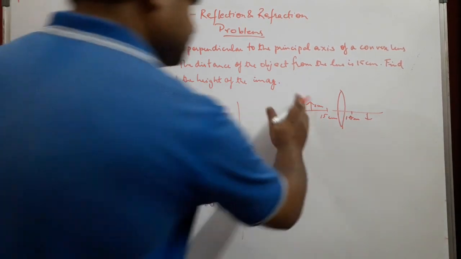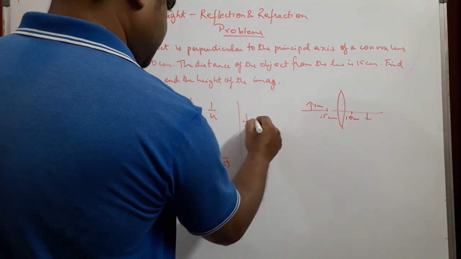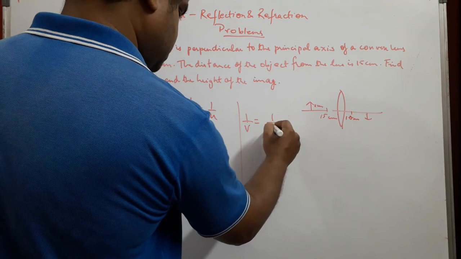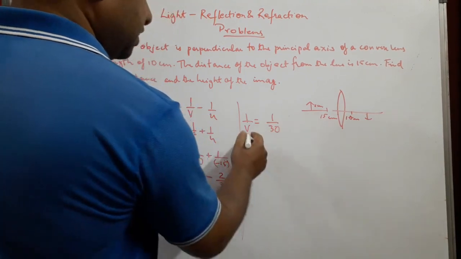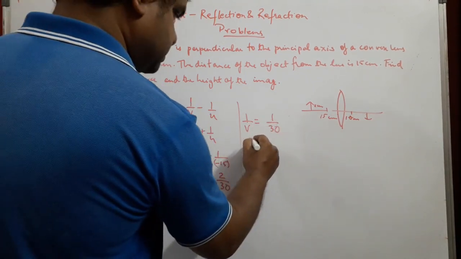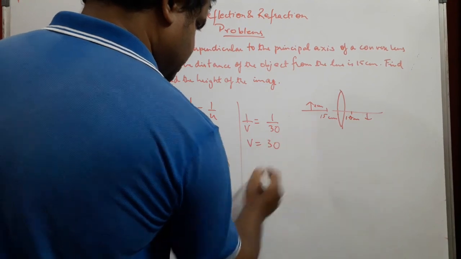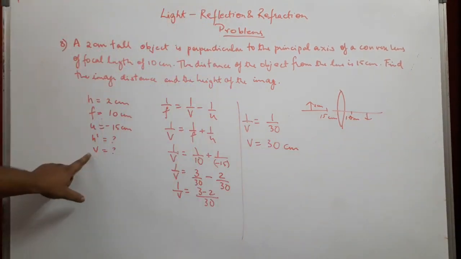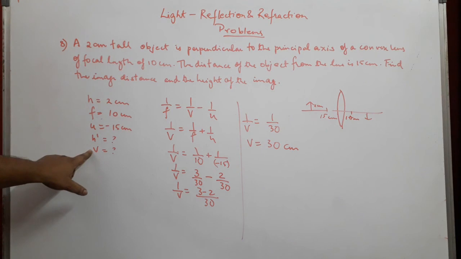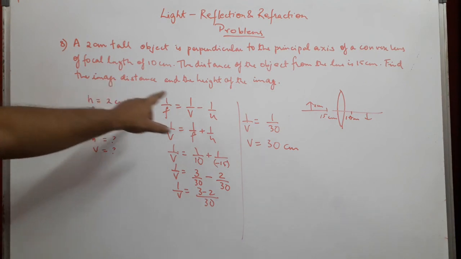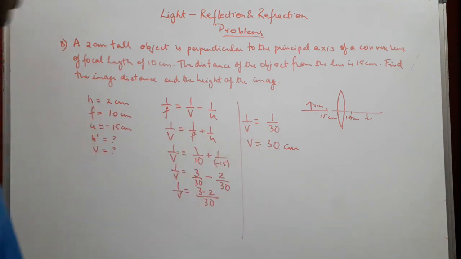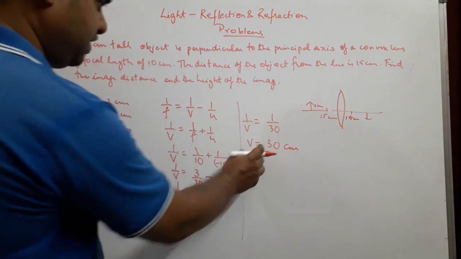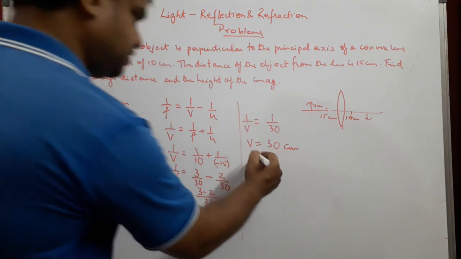So 1 upon v is equal to 1 upon 30. Now we take the reciprocal and we get v is equal to 30 centimeters. So the distance of the image is 30 centimeters.